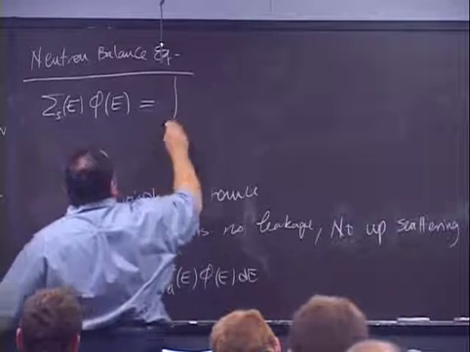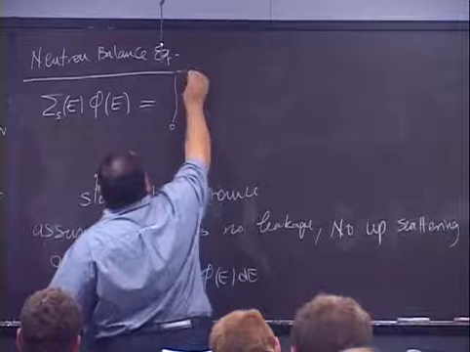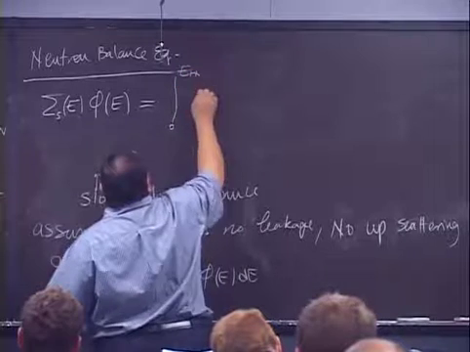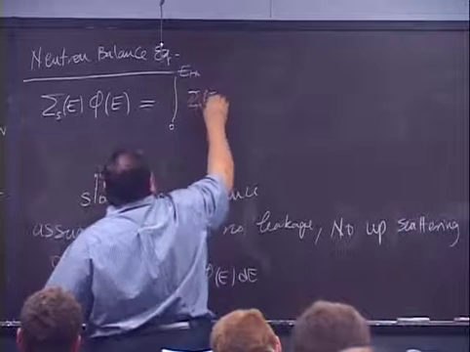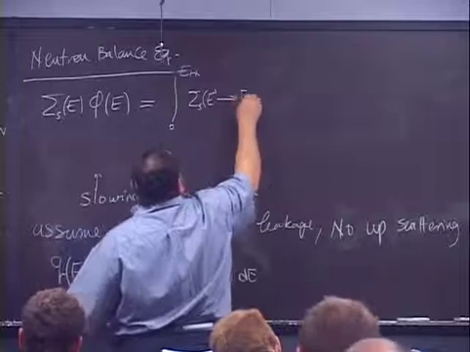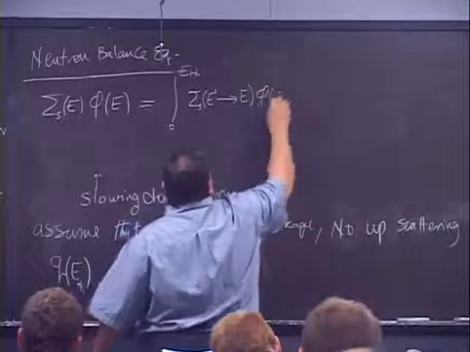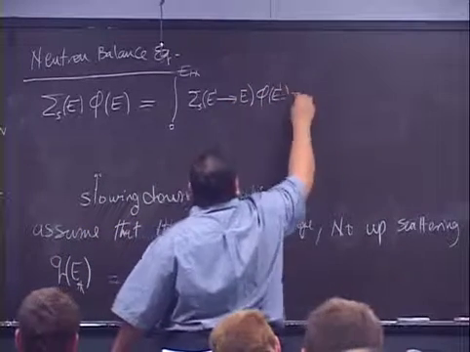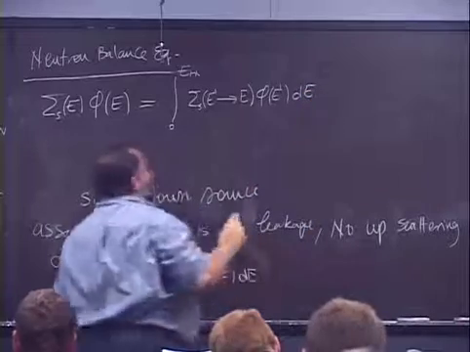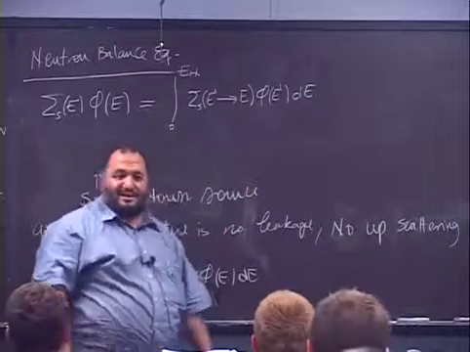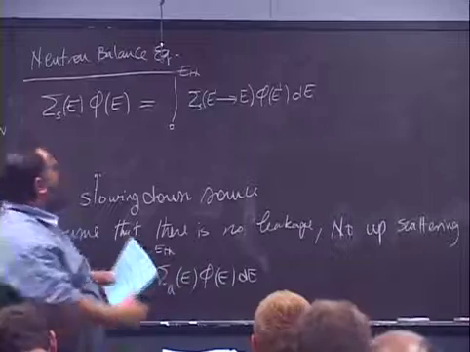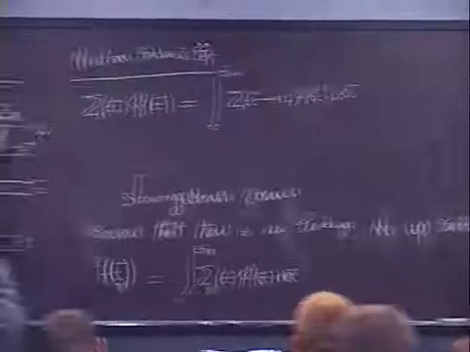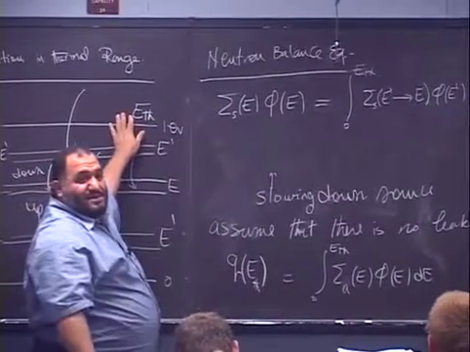Integration 0 to E thermal, sigma scattering of E prime goes to E multiplied by phi of E prime dE prime. I just stated that there is no upscattering. So the upscattering above the E thermal is 0.